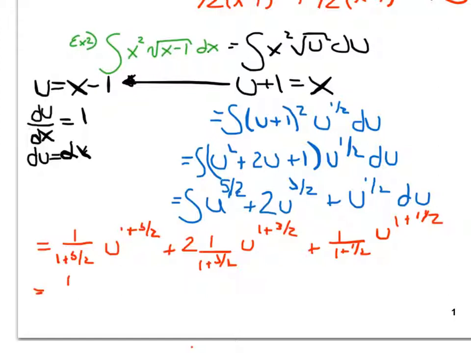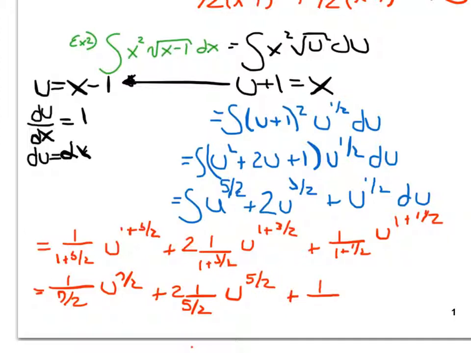Thus giving me 1 over 7 over 2 u to the 7 over 2, plus 2 times 1 over 5 over 2 u to the 5 over 2, plus 1 over 3 over 2 u to the 3 over 2.